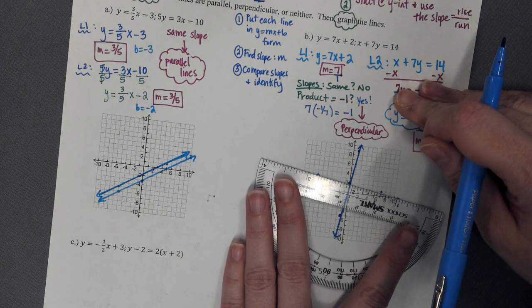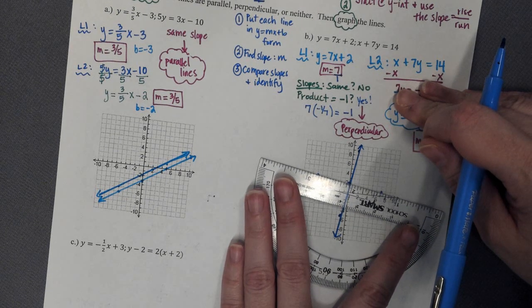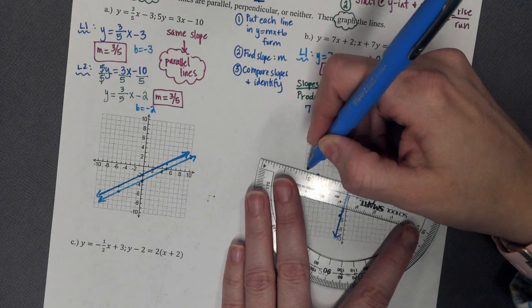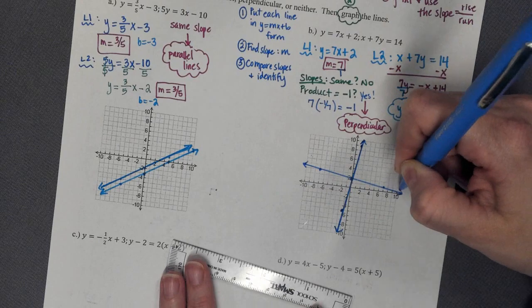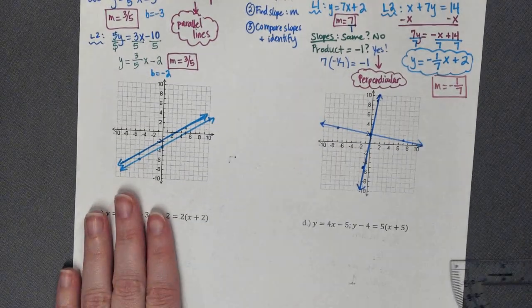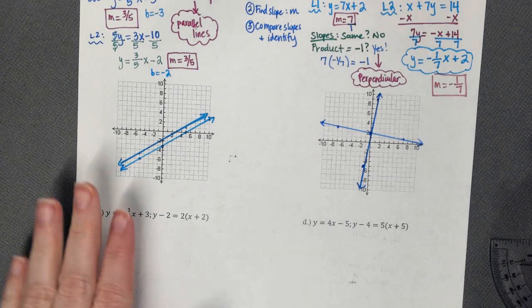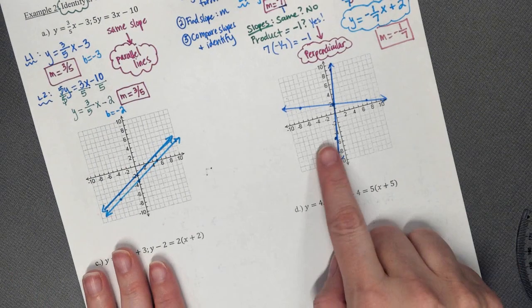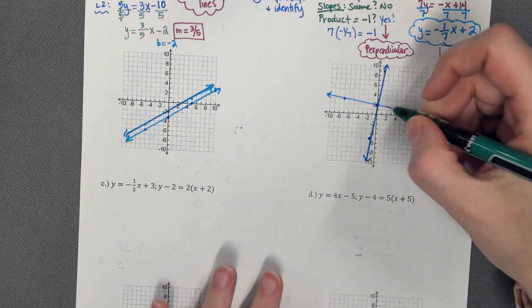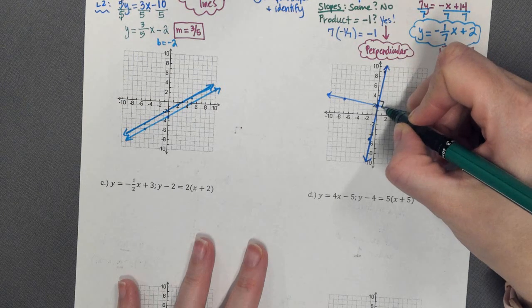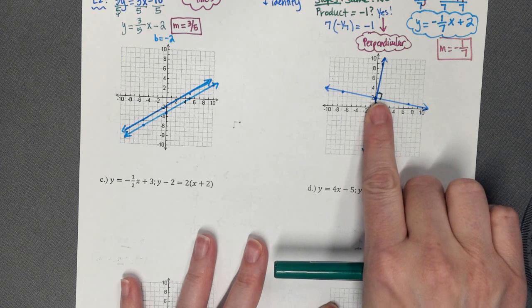If they don't look like they meet to form a right angle at the corner, then we're going to recheck that. Okay? So it should be an exact T. So if I tilted my paper, see how that's going to be a 90-degree angle? And then if it's perpendicular, we can put the little square.